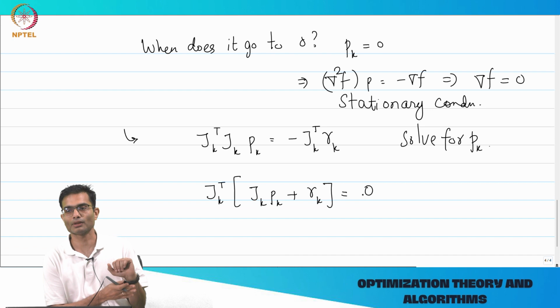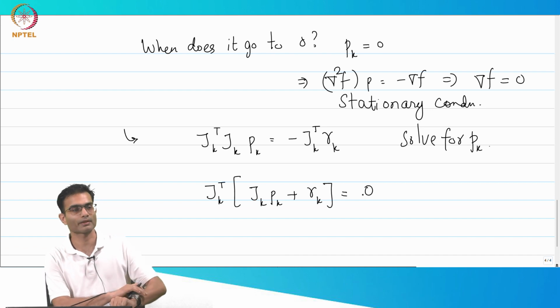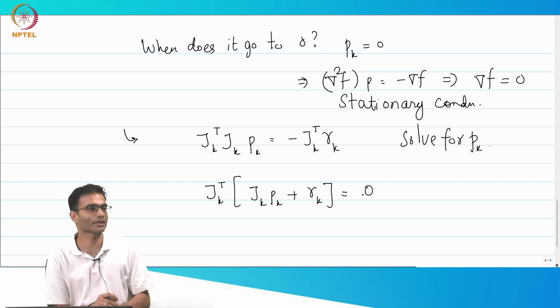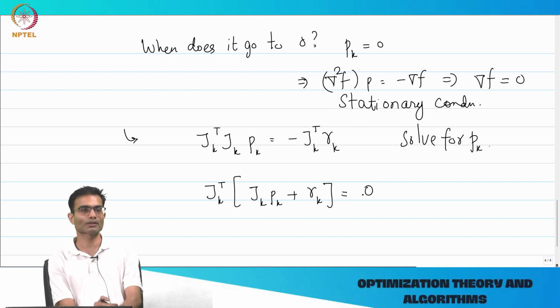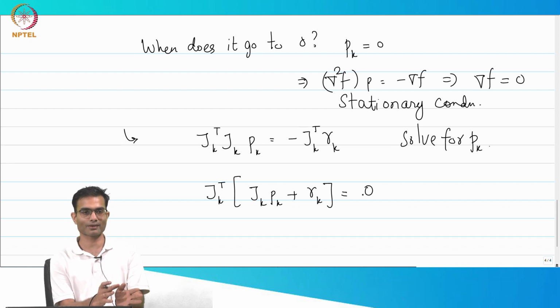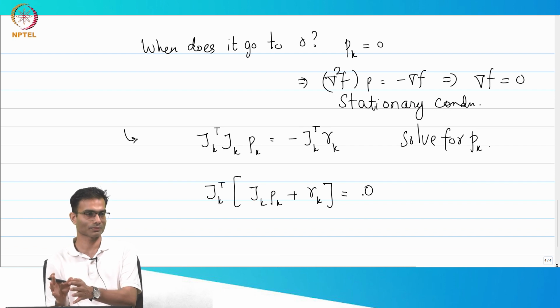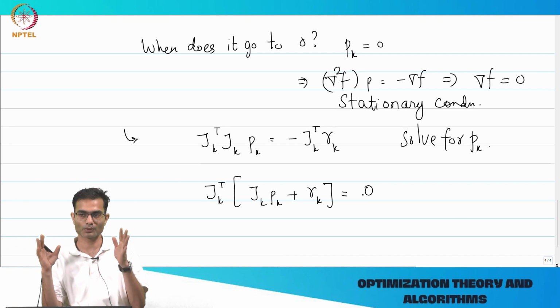Now you are by now experts at taking gradients of various expressions. Does this expression look like the gradient of some well-known expression? This looks like A transpose (Ax plus b), and that is the gradient of what expression? Norm of Ax plus b whole squared, right?